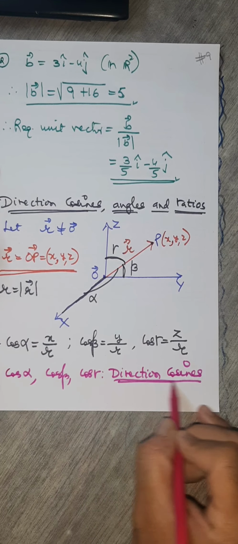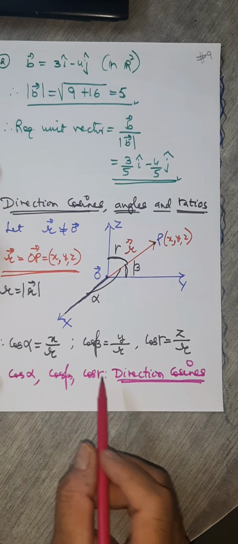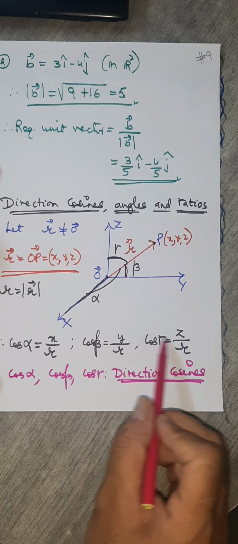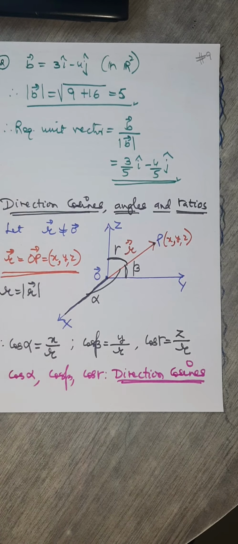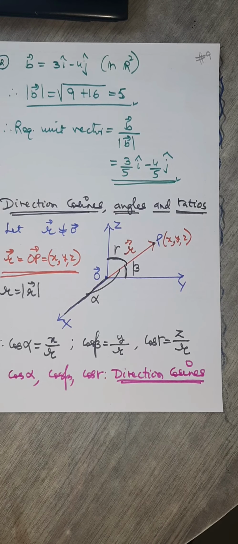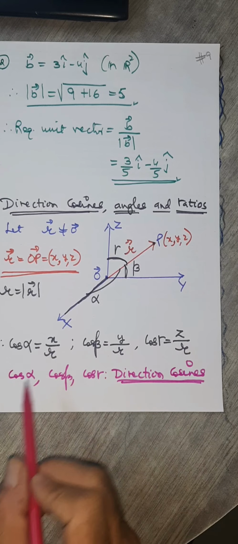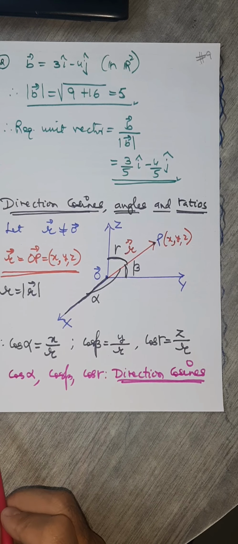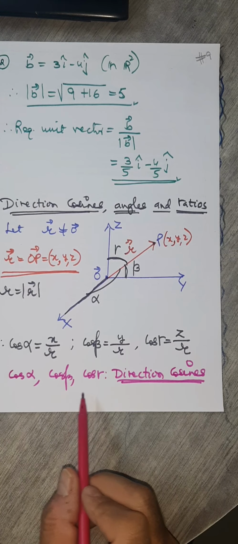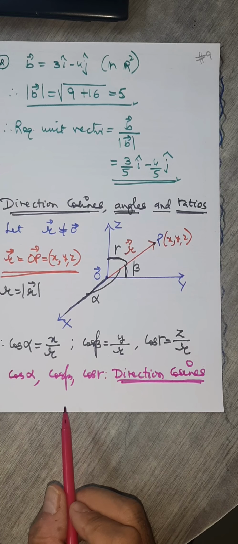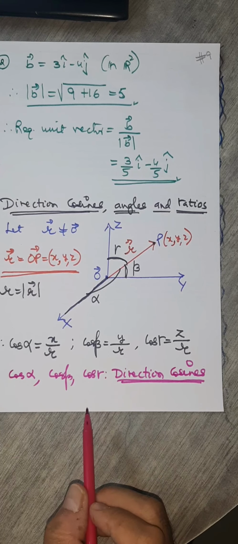What are the direction cosines? Vector upon its magnitude, nothing more than that. It is indirectly the unit vector, remember. x, y, z upon its magnitude. These are called direction cosines.